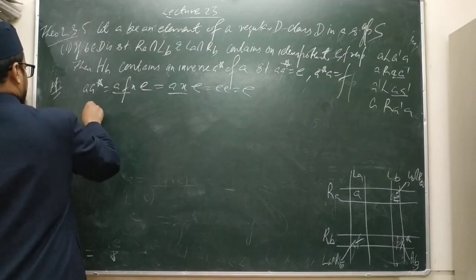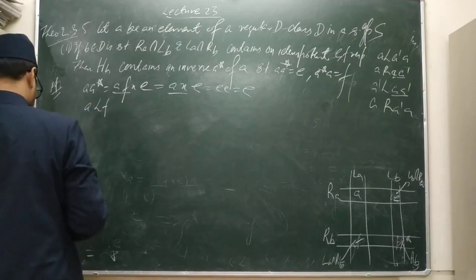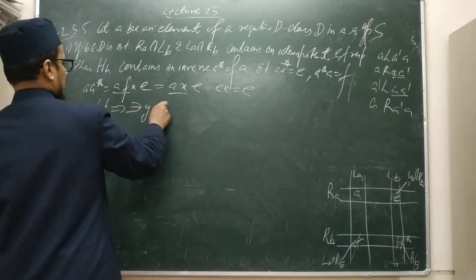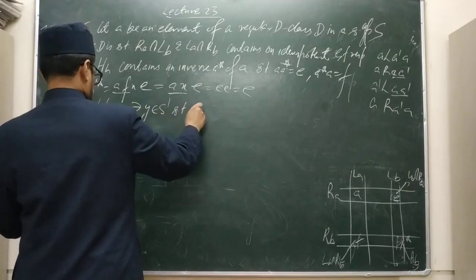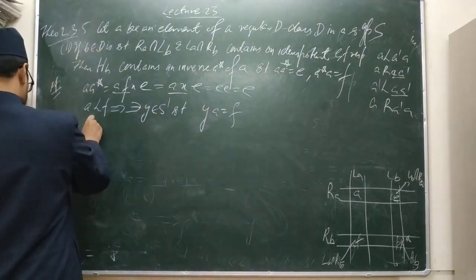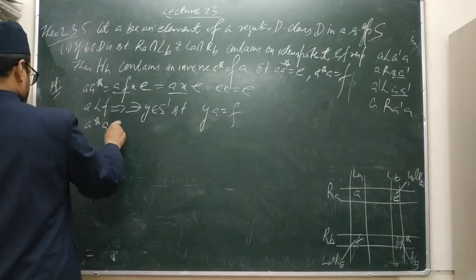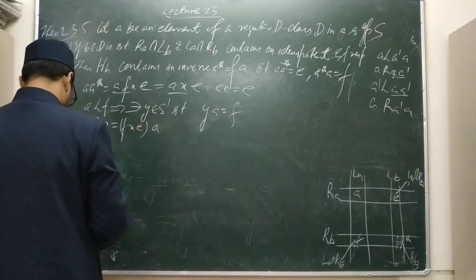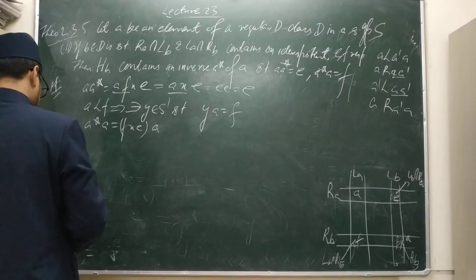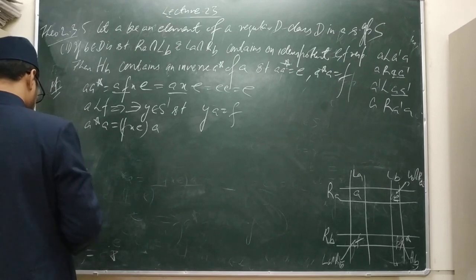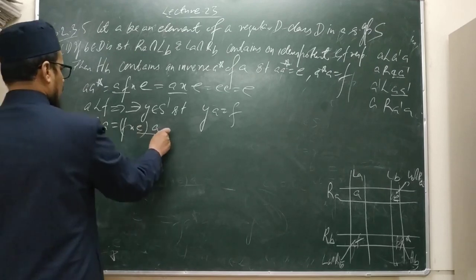Now what we have ALF, we have this thing, correct? It implies that there exists Y belonging to S1 such that YA is equal to F, correct? Now calculate A star A, that is FXE into A. And what is EA? What is EA?